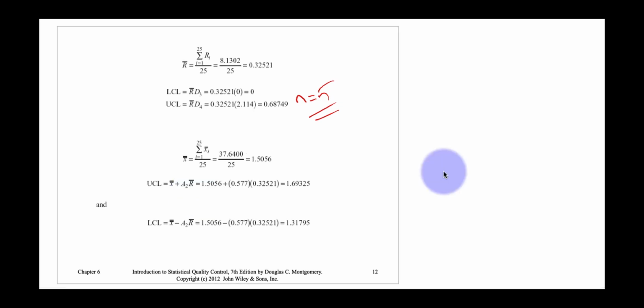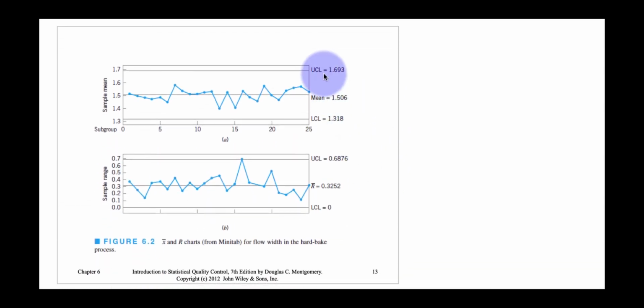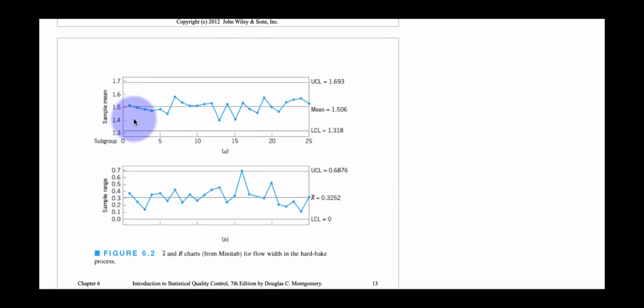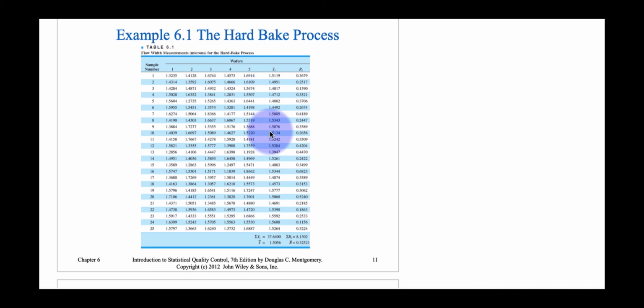We have calculated the X bar control chart and the R control chart limits and the central line of both control charts. And we can draw the samples in the charts. This is the X bar control chart, and this is the range control chart. These are the samples we have for the X bar control chart, and for the R control chart, these are the samples.